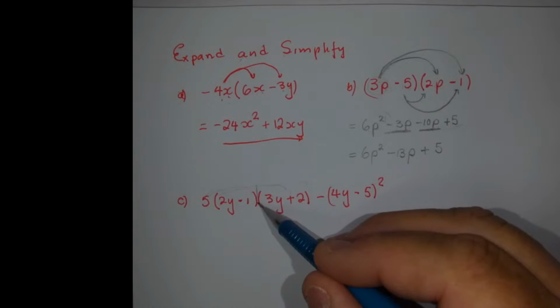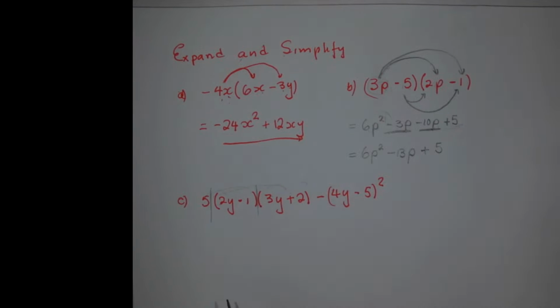They don't realize that this is a product of 3 terms. And when you multiply, apologies that I'm going to use numbers, but when you say 5 times 3 times 2, you don't say 5 times 3 and then 5 times 2 and add them together. You simply say 5 times 3 and then you take that answer and multiply it by 2. Or you multiply 3 and 2 and then multiply the answer by 5, which is what I'm going to do in this particular question.